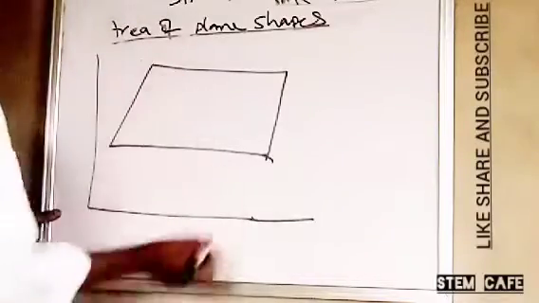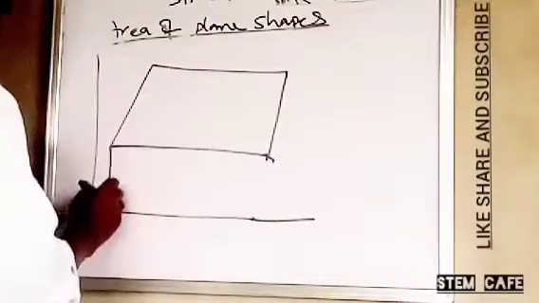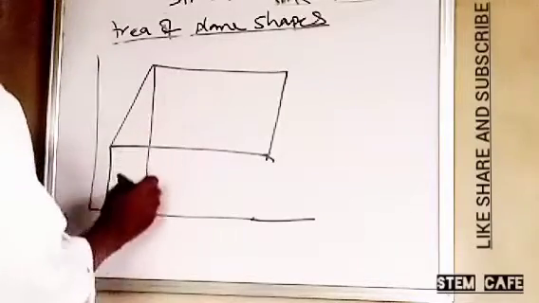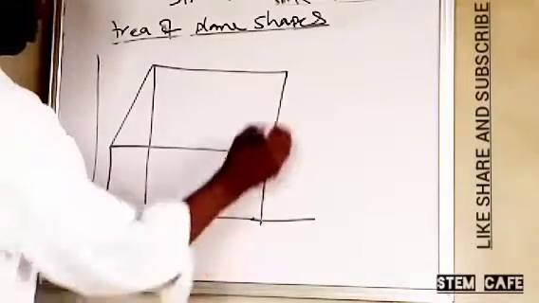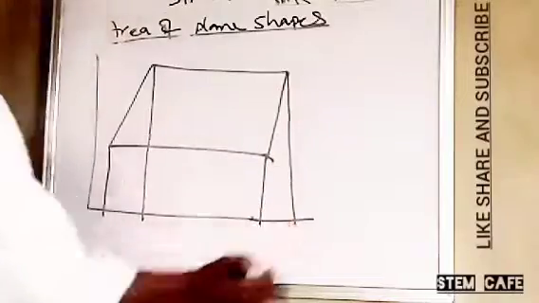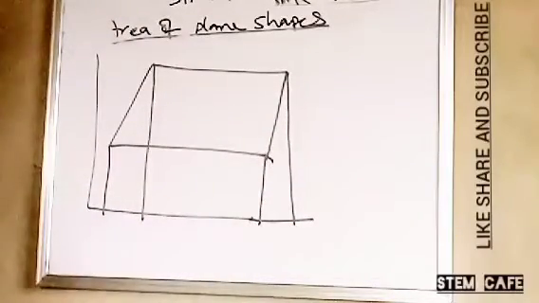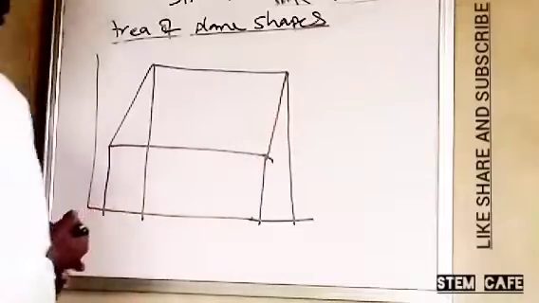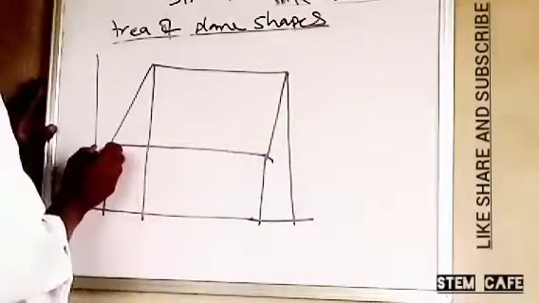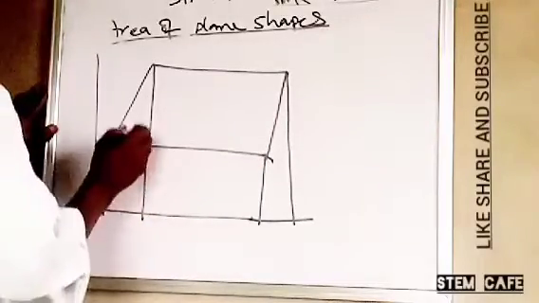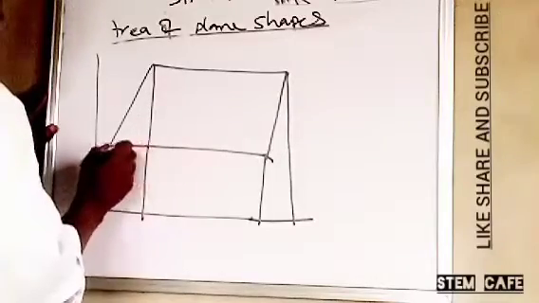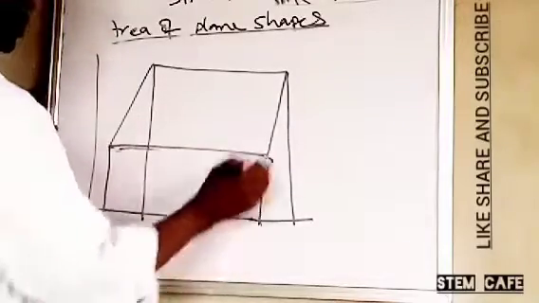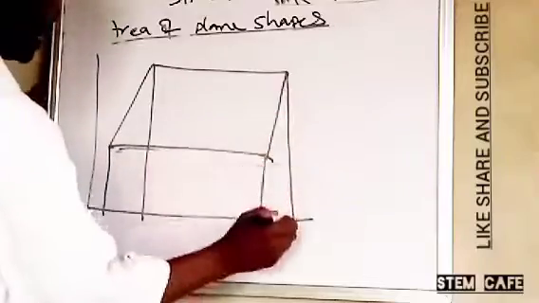You just cut it into shapes that you can easily handle. You can just say, oh, the whole area is this, and then you subtract this and this one and this part.